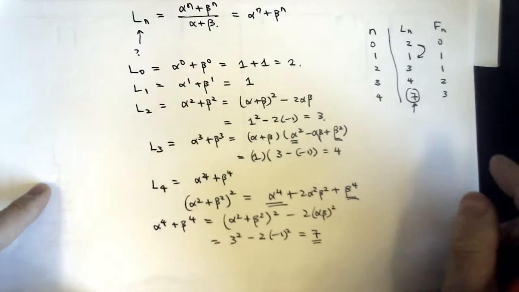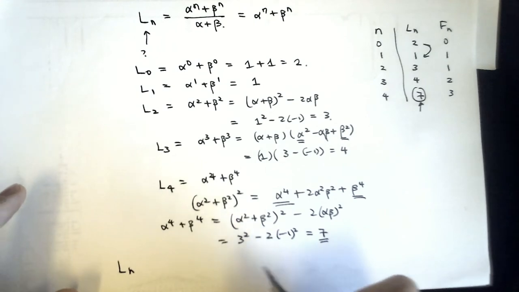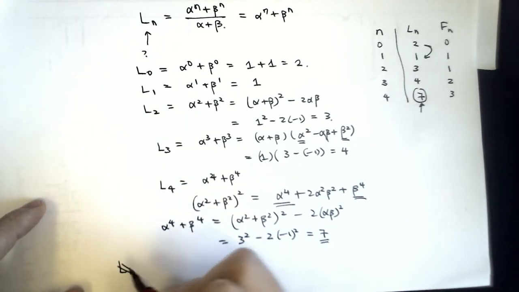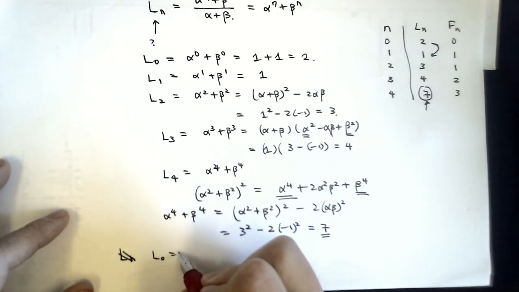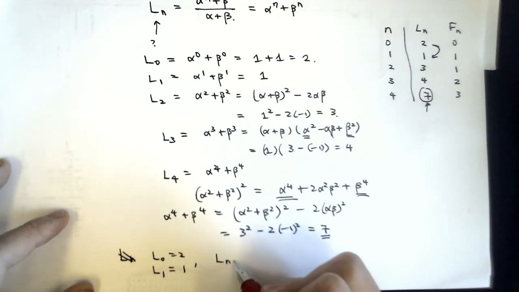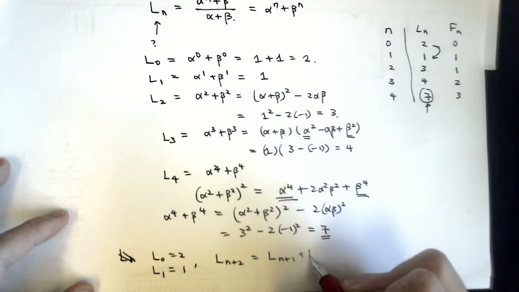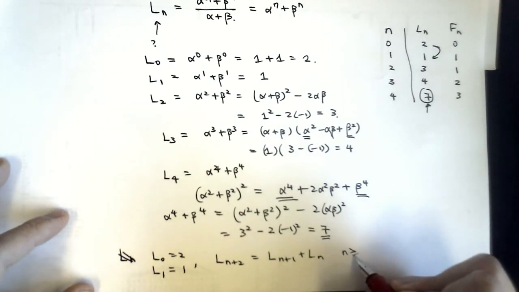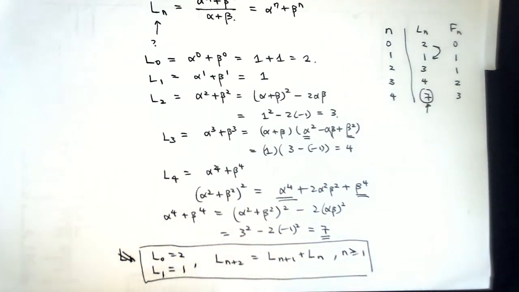So it seems that our Ln satisfies the following conditions: L1 is 1, and then the new guy is the sum of the previous two guys. Of course, you may notice that this is very, very similar to the Fibonacci numbers.